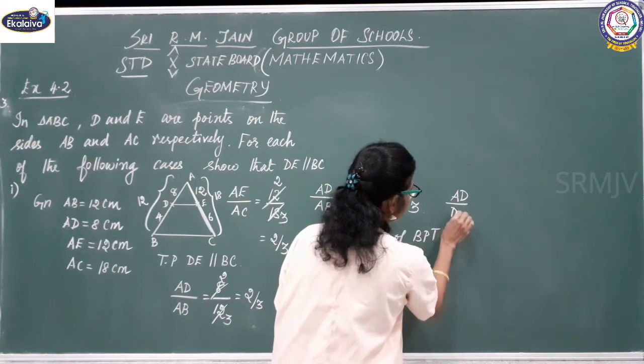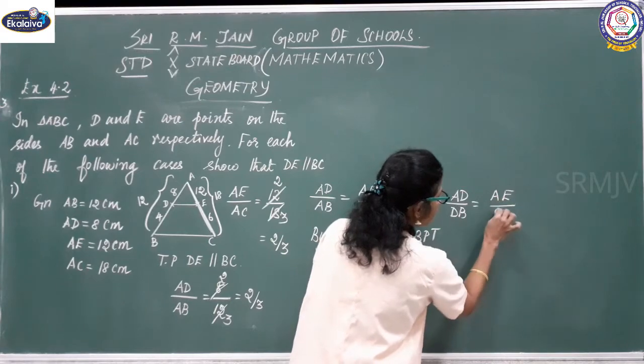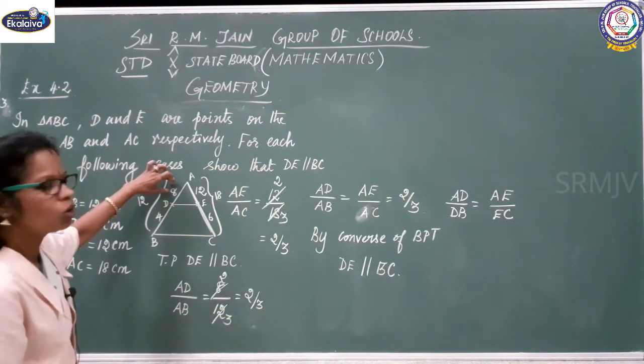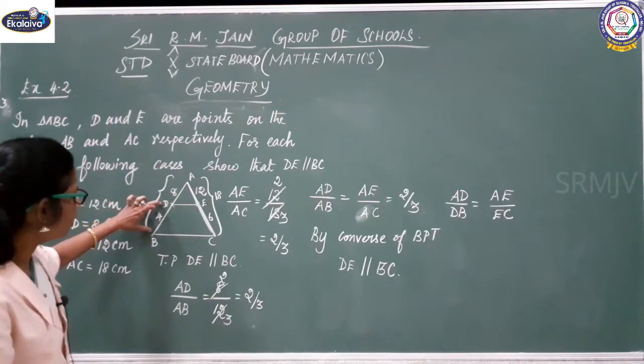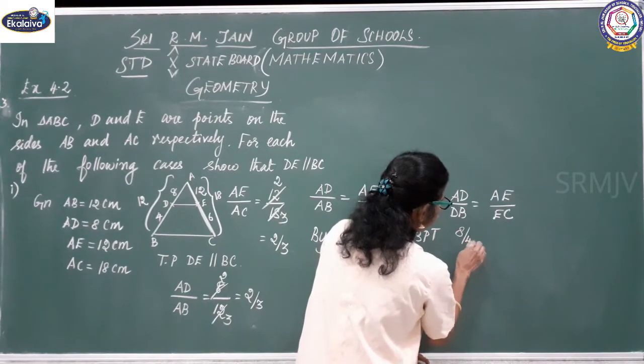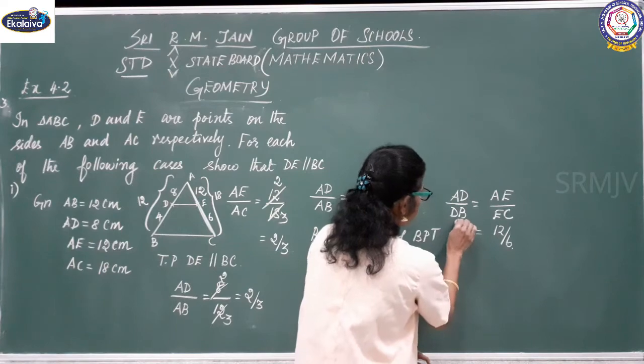AD by DB equal to AE by EC. What is AD? AD equal to 8. What is DB? 4. You can say like this also. 8 by 4 equal to 12 by 6.